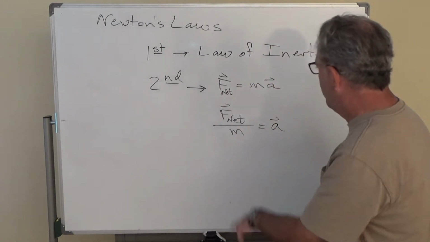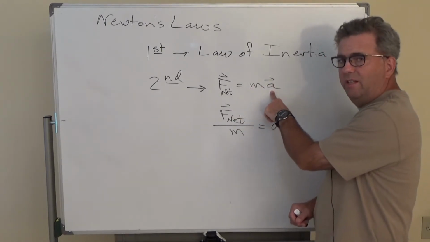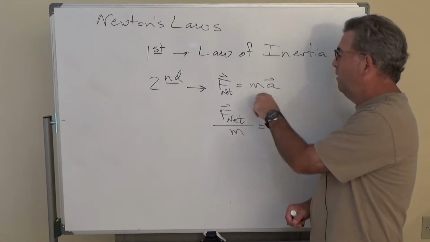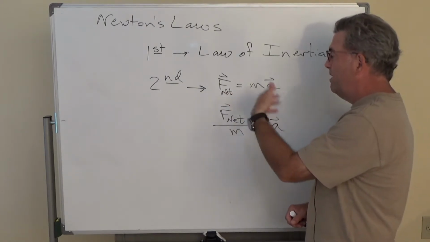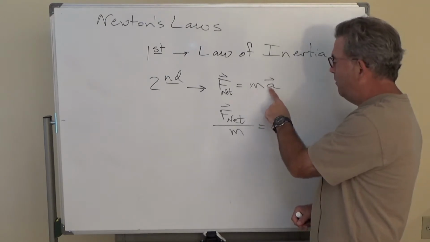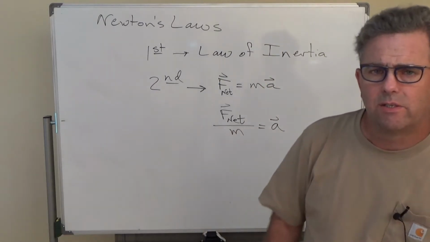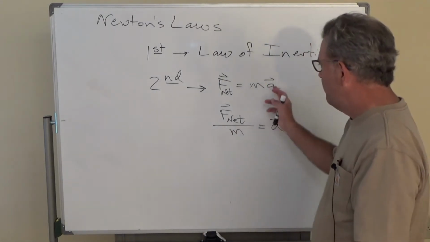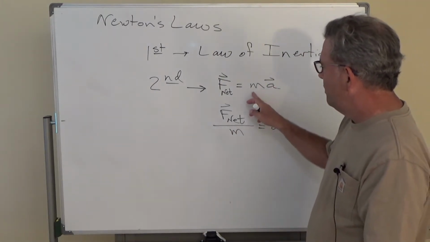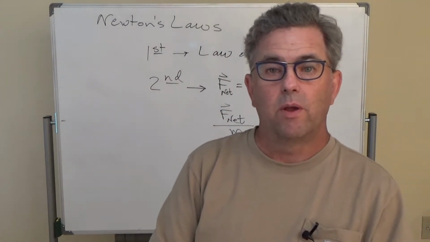In most cases, this is the dependent variable. We're acting on an object with some net force. There's a mass for the object, and the resultant is some acceleration. That's not always the case. We can work it either way. By knowing the acceleration and the mass, we can find that net force acting on an object, okay?